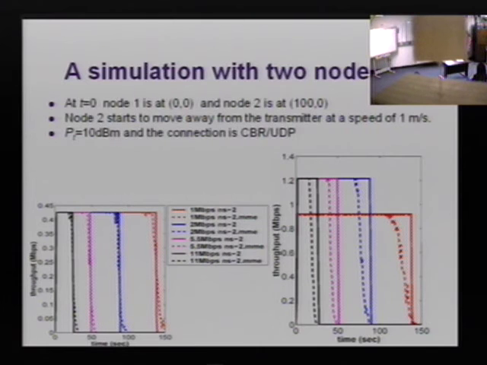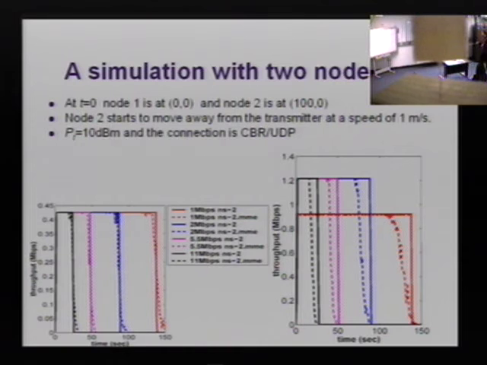When we are doing the tuning, we fix the RX threshold such that it will just cut this in half. It corresponds to a 10 to the minus 5 bit error rate for 512 byte packets.